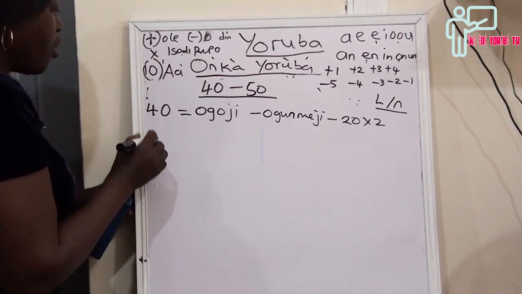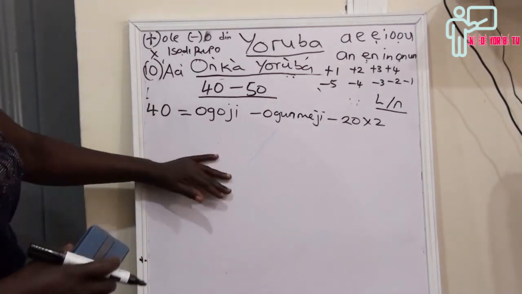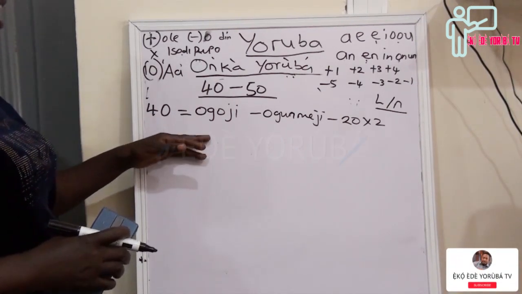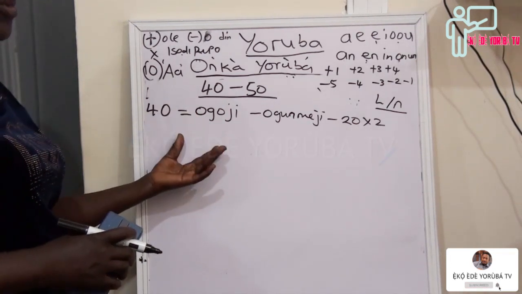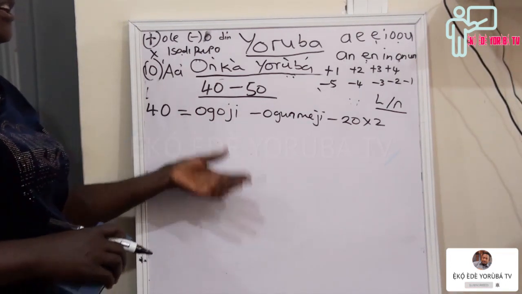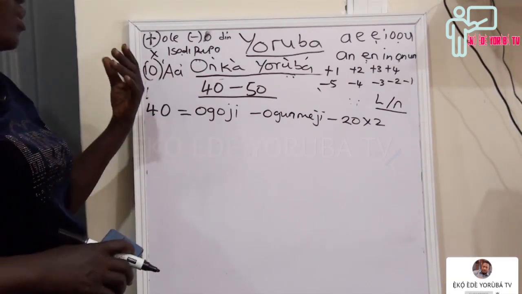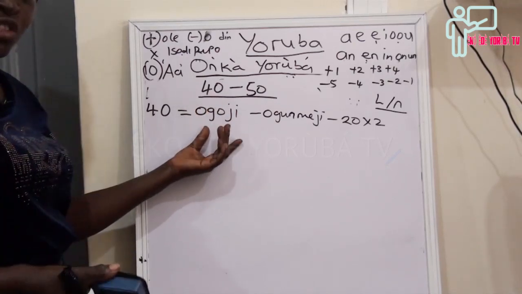So now we are going for 41. So I don't want to write it again now, but you know that 41 will be ọ̀kànlélógójì. 42 will be èjìlélógójì. 43 will be ẹ̀tàlélógójì.